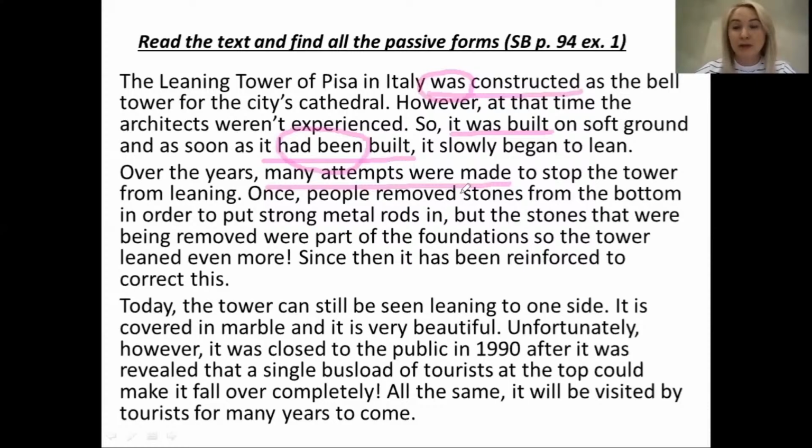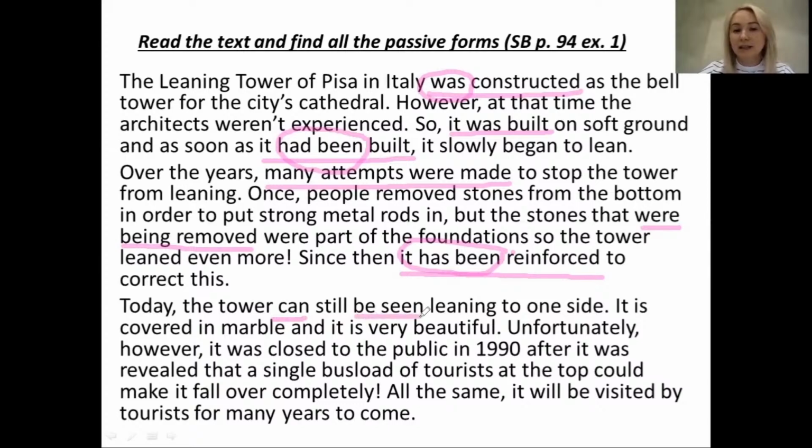So past simple passive. The next one is "were being removed", and this is past continuous passive. "It has been reinforced", present perfect passive.